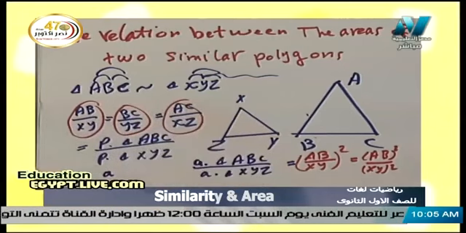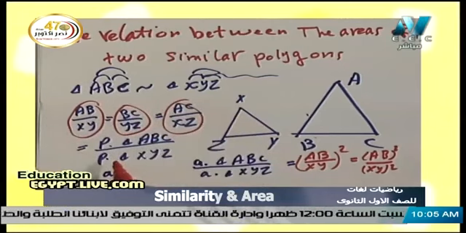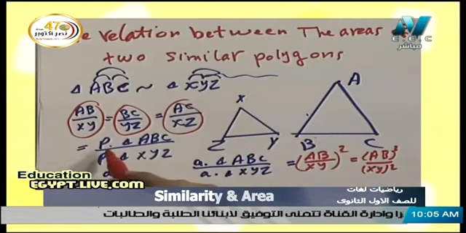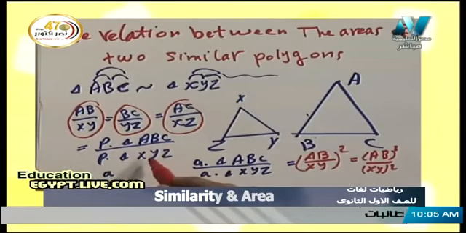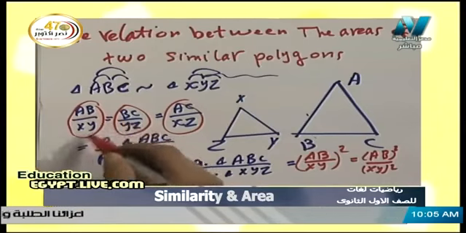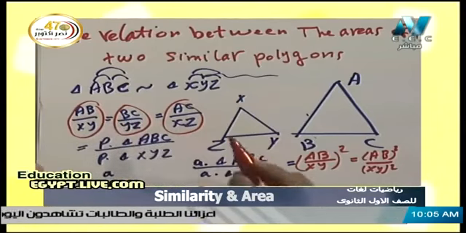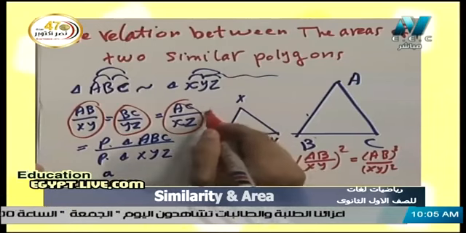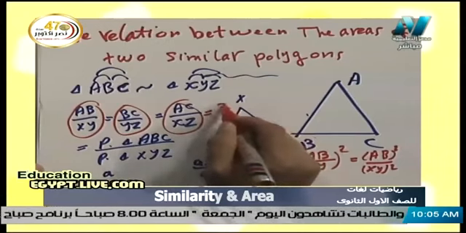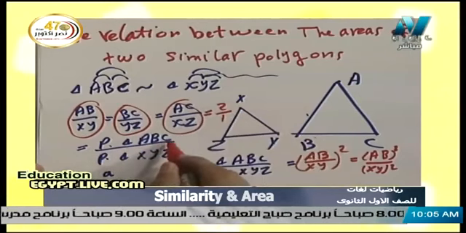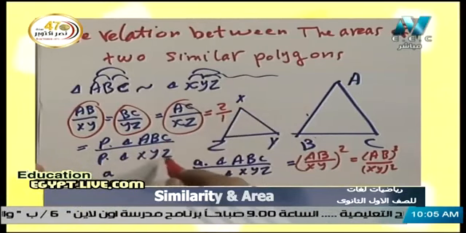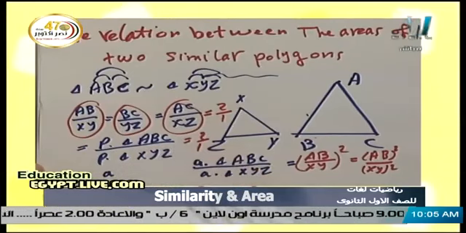But when we talk about perimeter, the perimeter of any triangle over the perimeter of the other equals the ratio itself. If this ratio, as an example, equals 2 over 1, then the perimeter of triangle ABC to the perimeter of triangle XYZ equals 2 over 1.